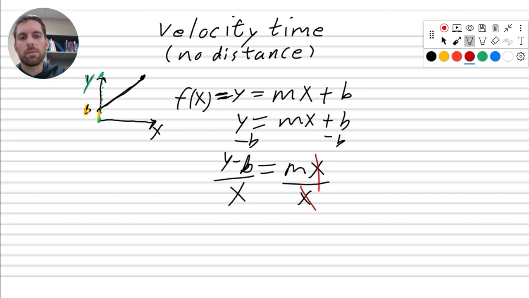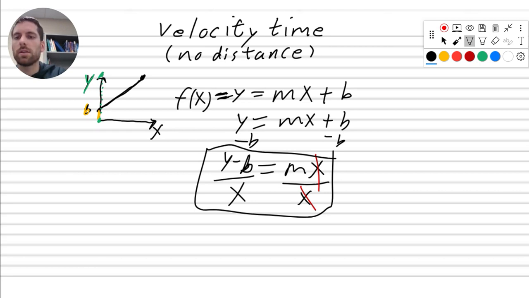Nicely, that's going to cancel, and we get m equals the rise over the run, and the run's going to be from 0 to some x value over here, and the rise is going to be from this b value to this y value.